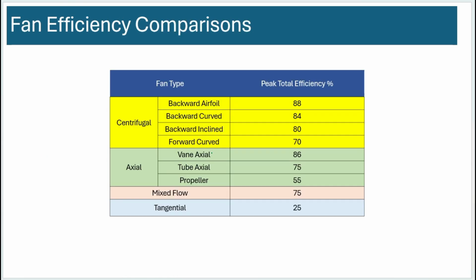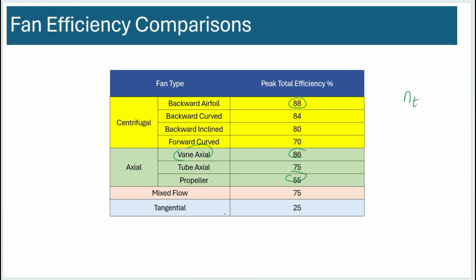Here's a comparison of the total efficiency values of different types of fans. The backward airfoil is one of the most efficient in terms of centrifugal or radial fans. In axial fans, the vane axial fan is the most efficient, somewhere close to the same number. Tube axial propeller is one of the worst.